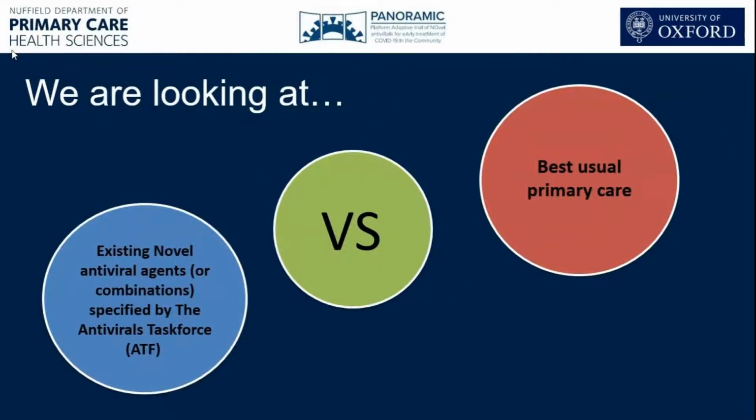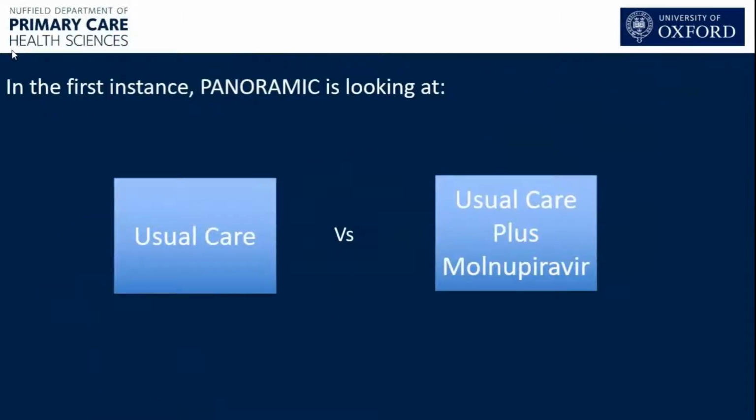So we'll be looking at existing novel antiviral agents or combinations of agents specified by the Antiviral Task Force in comparison with best usual primary care. In the first instance, PANORAMIC will be looking at usual care compared to usual care plus molnupiravir.